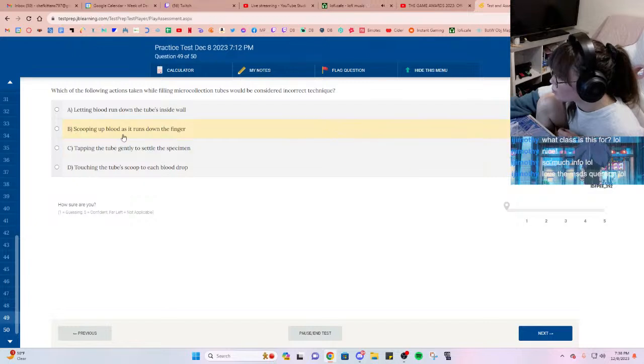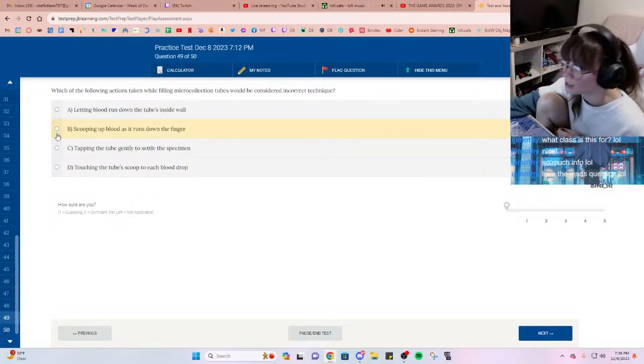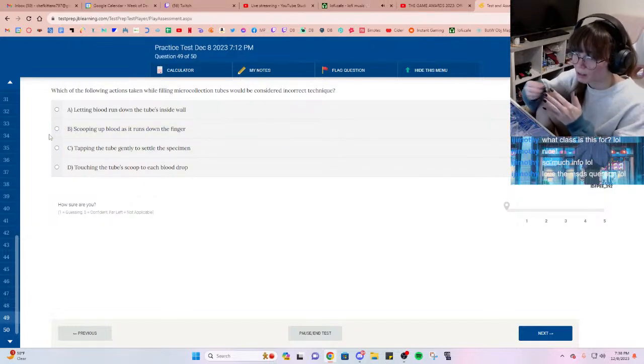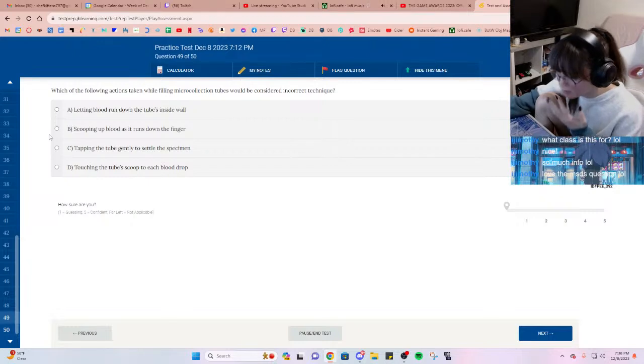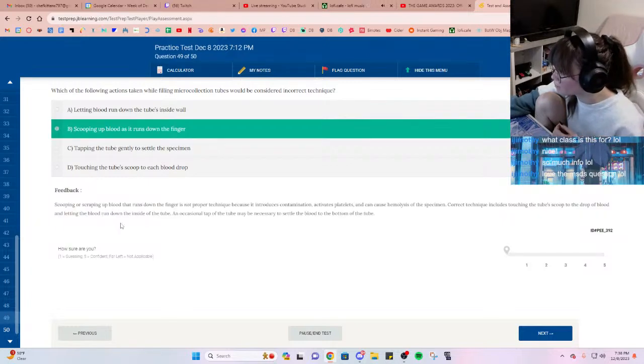I think scooping up blood as it runs down the finger, because you're not really supposed to scrape your finger, because it's going to feel like tissue. Scooping or scraping up blood that runs down the finger is not proper technique because it introduces contamination, activates platelets, and can cause hemolysis of the specimen. Correct technique includes touching the tube scoop to the drop of blood and letting the blood run down the inside of the tube. An occasional tap of the tube may be necessary to settle blood to the bottom of the tube.